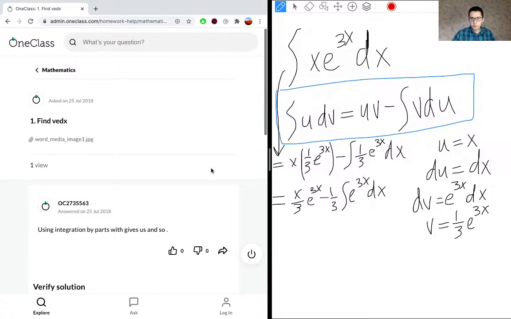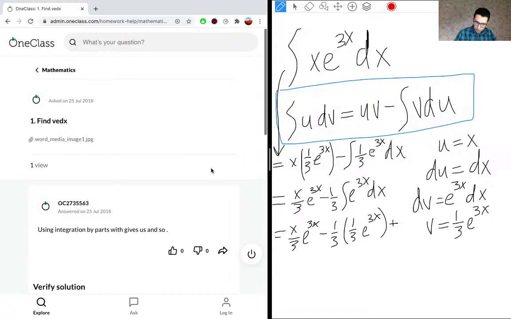So e to the 3x is a simpler integral to evaluate than x e to the 3x up here. So we have x/3 e to the 3x, and then negative 1/3, and the integral of e to the 3x is 1/3 e to the 3x.